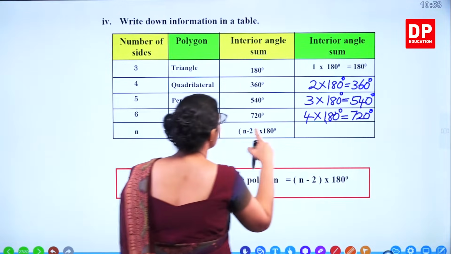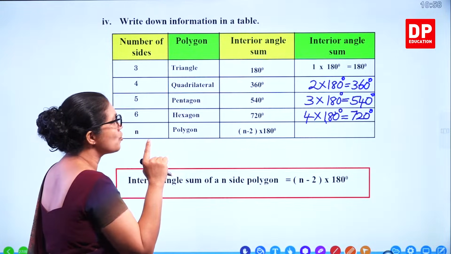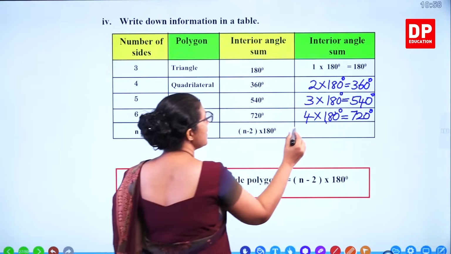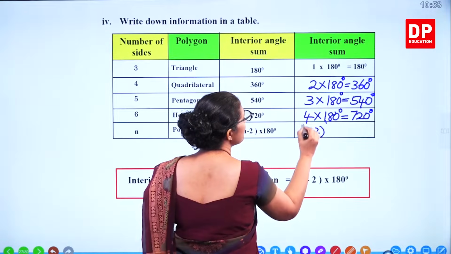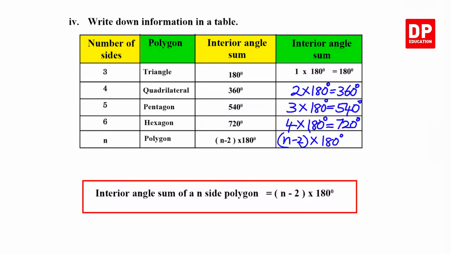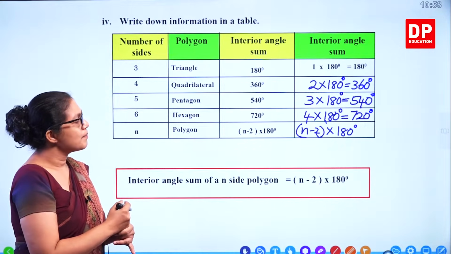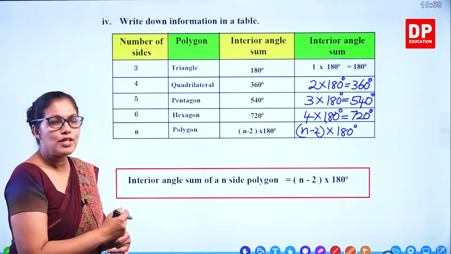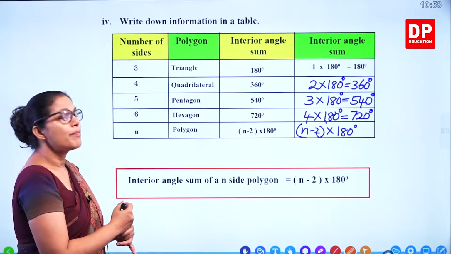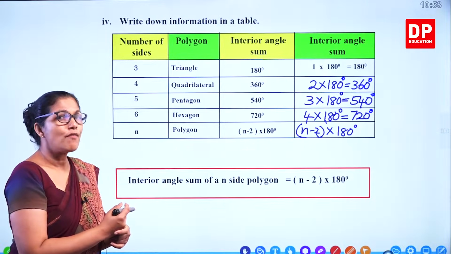This is an n-sided polygon, n minus 2 into 180. So the interior angle sum of an n-sided polygon is n minus 2 into 180. So remember this formula to find the interior angle sum of any polygon.